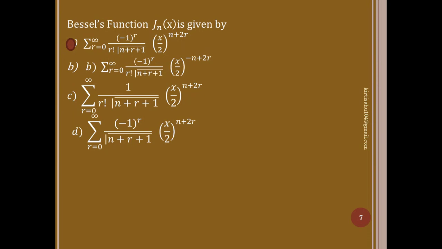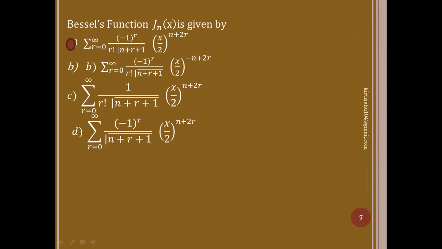Bessel's function Jn of x is given by. So here the expression for Bessel's function is required. As it is mentioned, option A is the correct one. You can find there are slight changes in the remaining options. So it is a summation. The first thing you have to remember is the summation should start from 0 to infinity. Our variable of sum is r, so r takes the value from 0 to infinity.